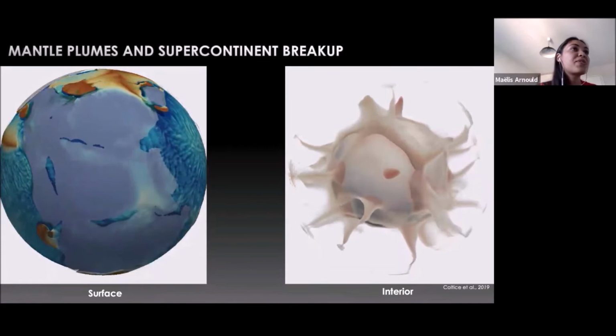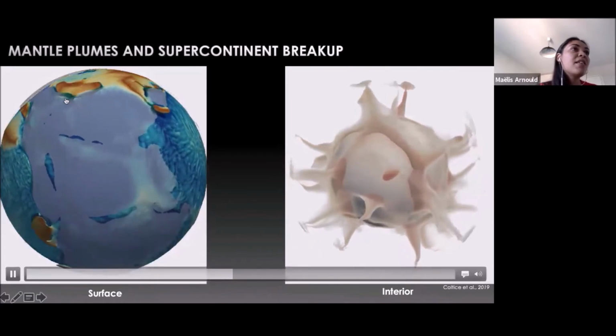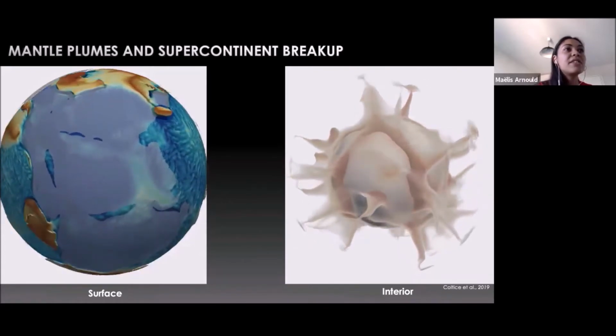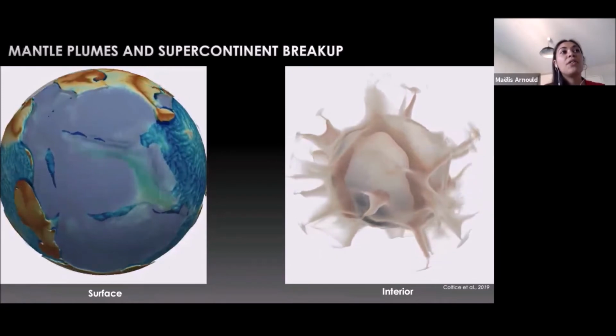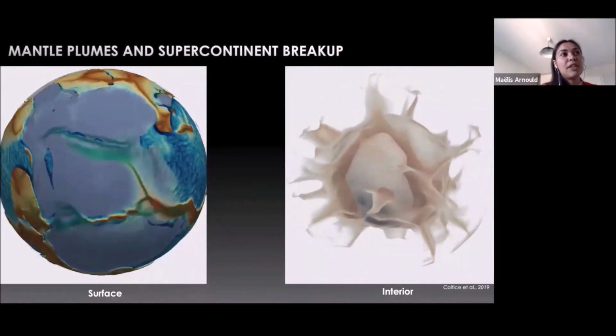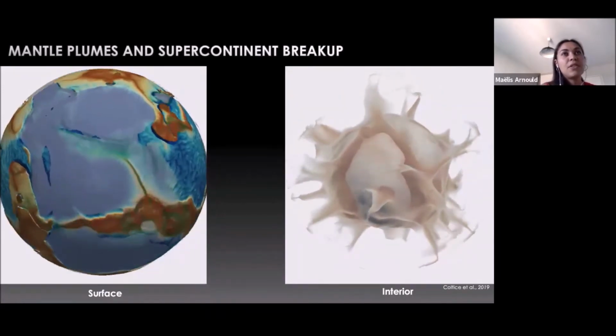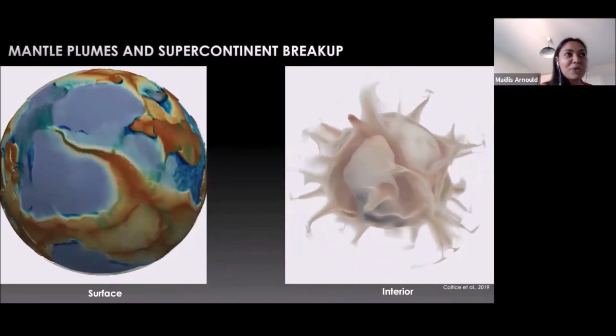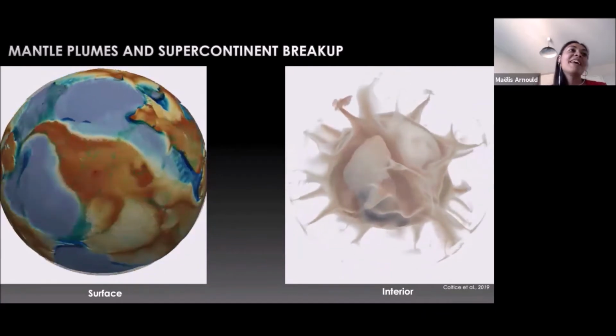Something that I forgot to say is that you'll see green areas in the continents that show where there's localization of deformation. And here you can see the breakup happening.